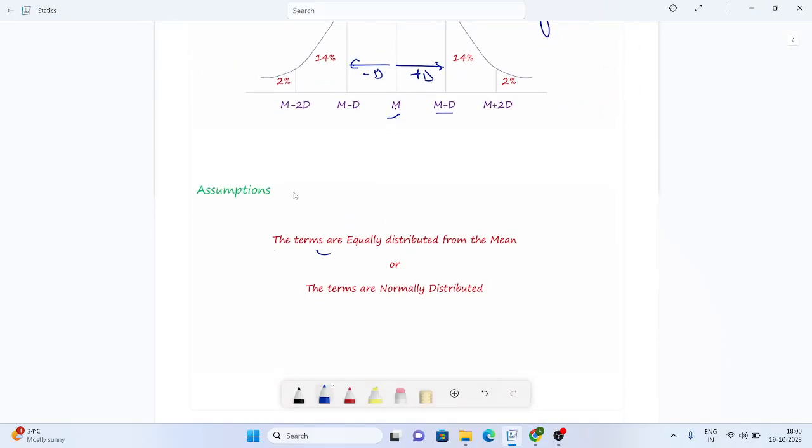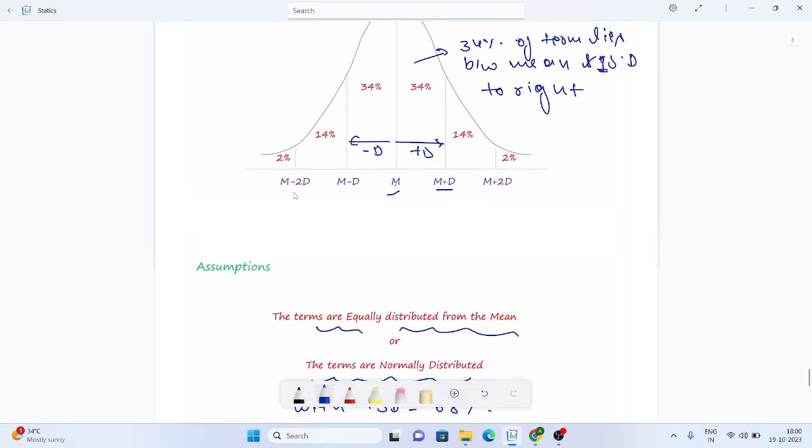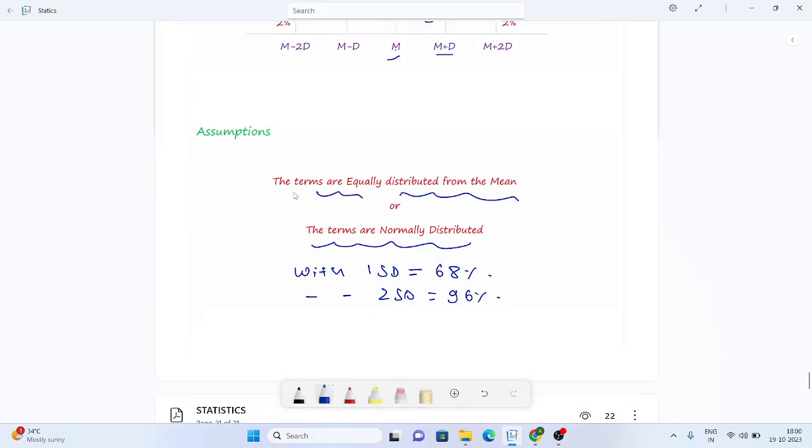All terms are equally distributed from the mean, or we say that the terms are normally distributed. So within one standard deviation the terms are distributed 68%. Within two standard deviations there is 96%, right? Like this. So make a note of this. Then we do one question on this.